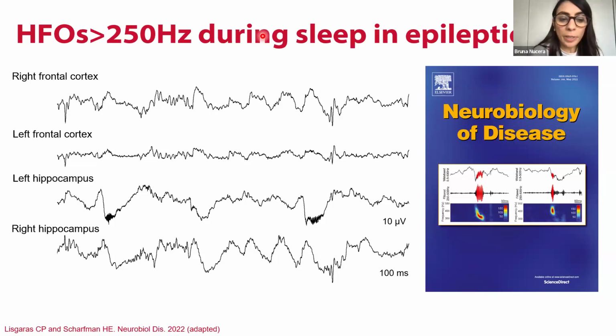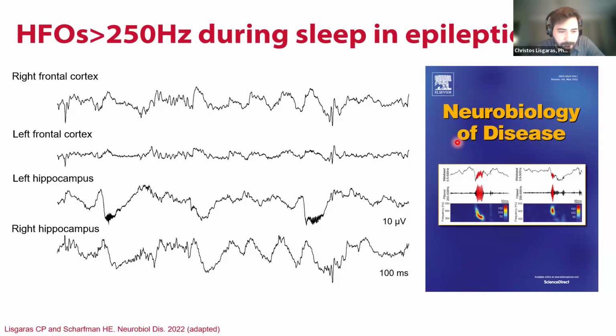Okay, I have one more question. Do you know if there are studies that correlate the effect of drugs, autism medication, and high frequency oscillations? Yes, there are many. Many studies used levetiracetam or other drugs to test whether that would reduce HFOs.